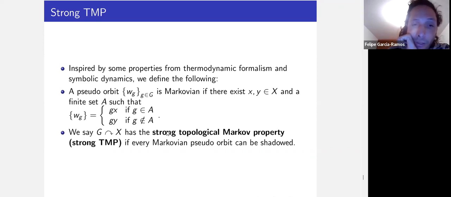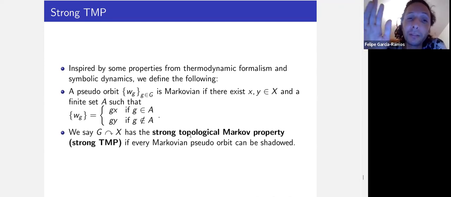And so we define the strong topological Markov property: every Markovian pseudo-orbit can be shadowed. This is a weaker property, because before we wanted all the pseudo-orbits to be shadowed. Now, maybe not all pseudo-orbits can be shadowed, only Markovian ones.